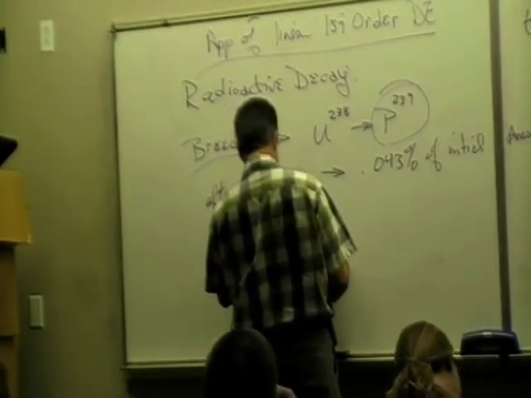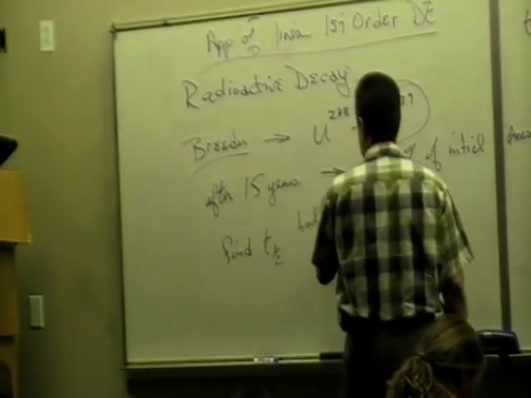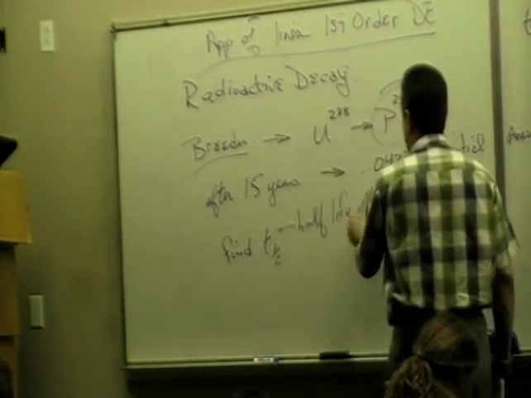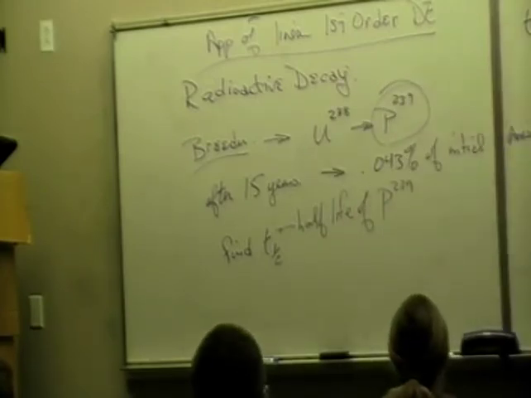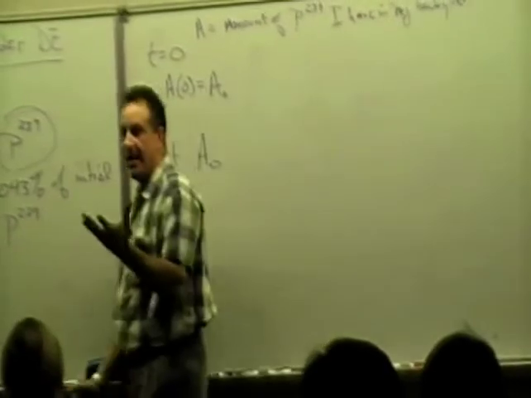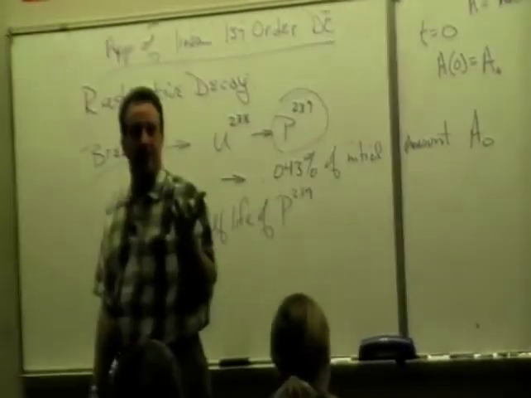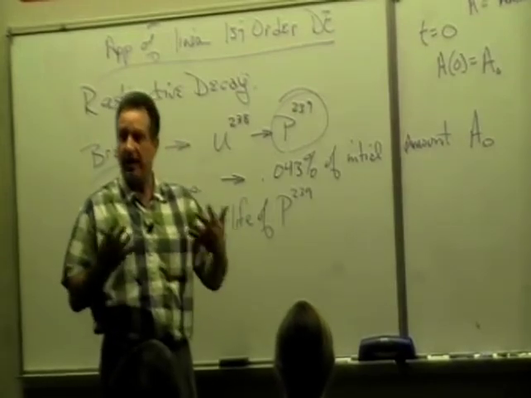All right, and then we'll say I want to find the half-life of the plutonium. Everybody understand what half-life is? Half-life means that if I started off with a pound of a radioactive material, this radioactive material is decaying, disintegrating.